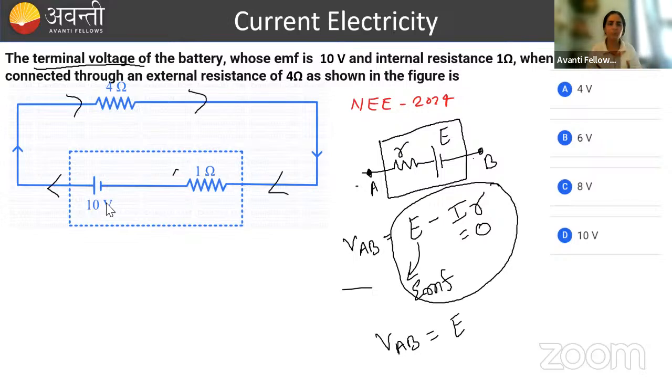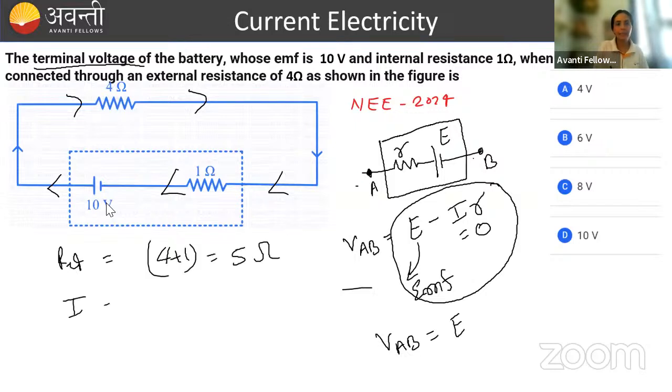So this is a single loop circuit. So 4 ohm and 1 ohm is in series. So R equivalent of the circuit is 4 plus 1, 5. Okay? So current is what? Current is potential divided by R equivalent. So in this single loop circuit, there is only one battery that is of 10 volt. R equivalent is 5. So current is how much?